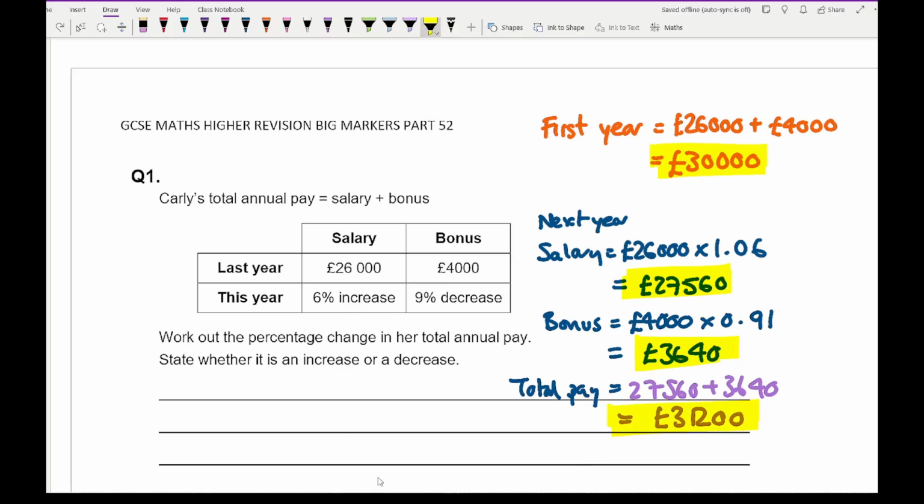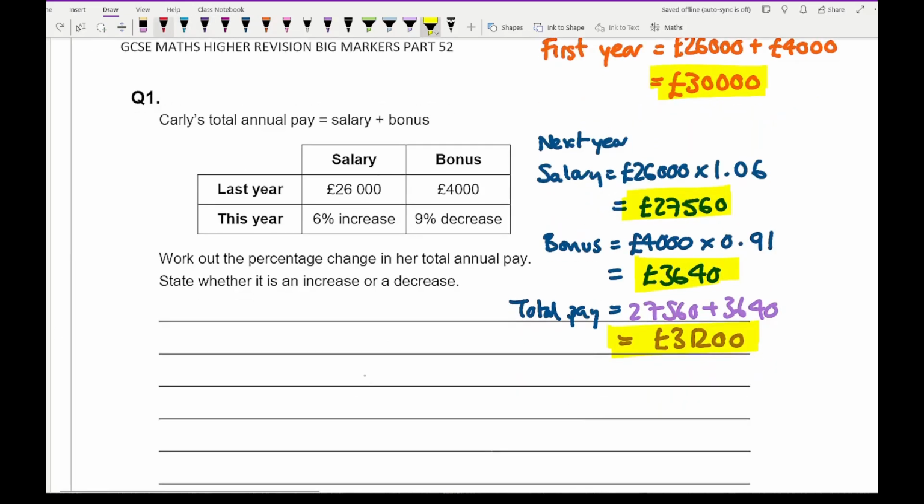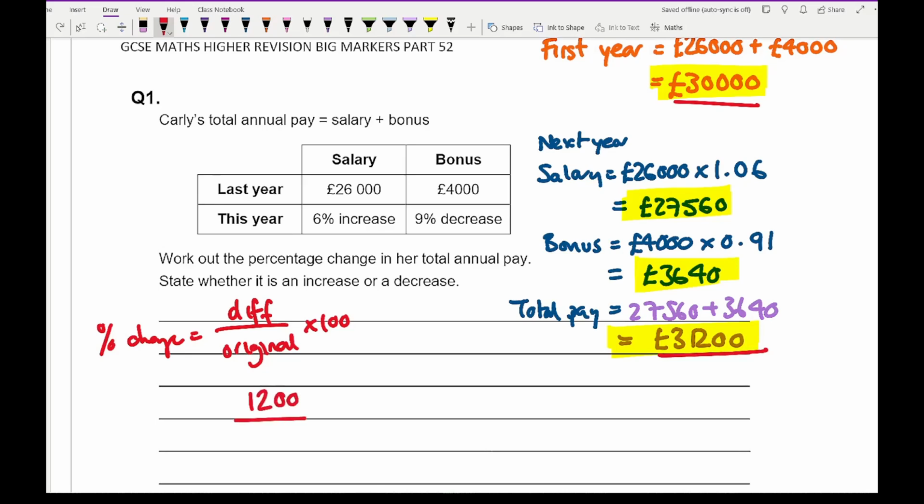Now the next thing that's left for me to do is work out the percentage change. Remember that the formula for percentage change is the difference divided by the original, multiplied by 100. So here the difference between the two amounts of 30,000 and 31,200 is 1,200, divided by the original wage, which was 30,000, and we multiply that by 100.